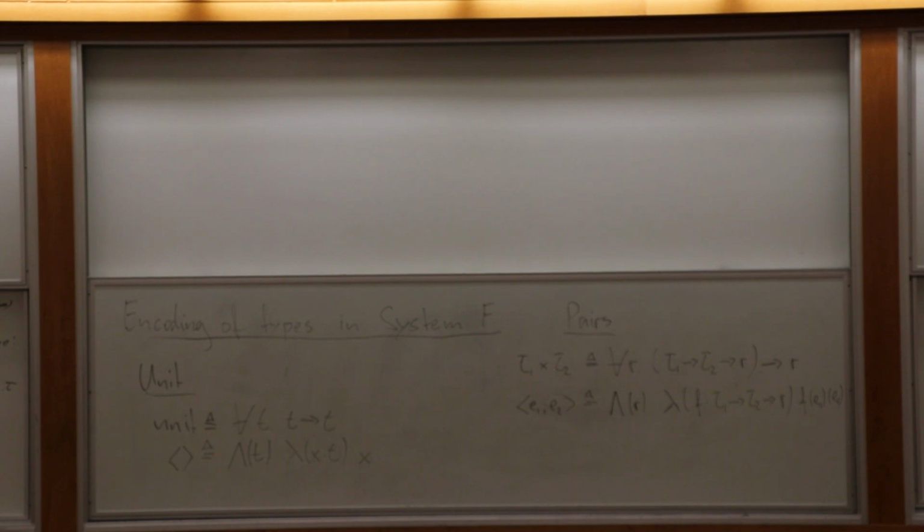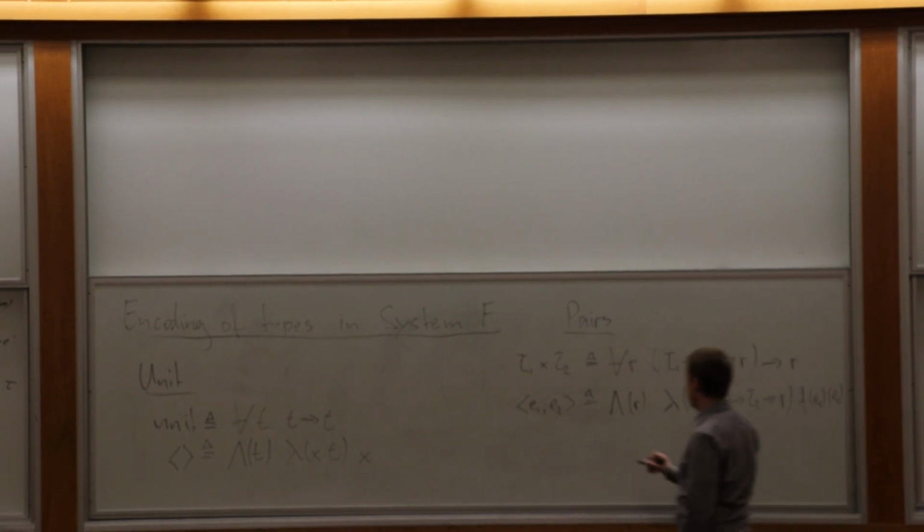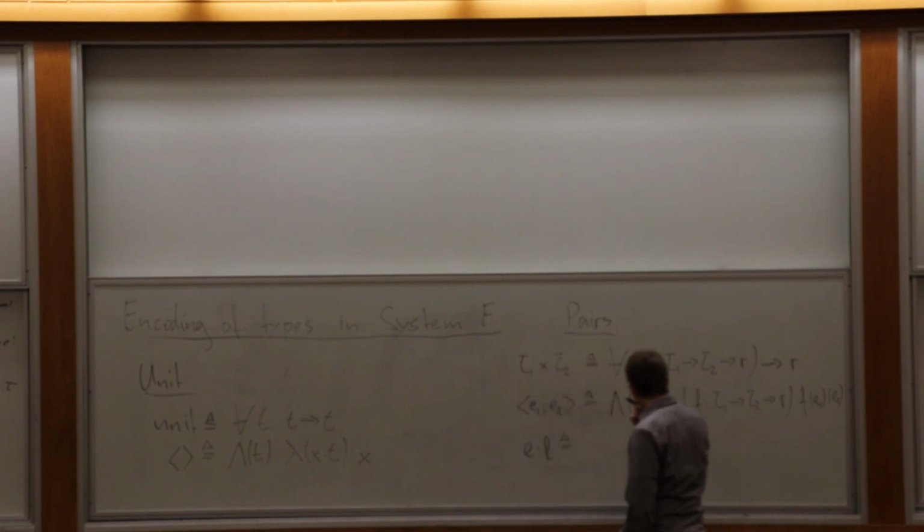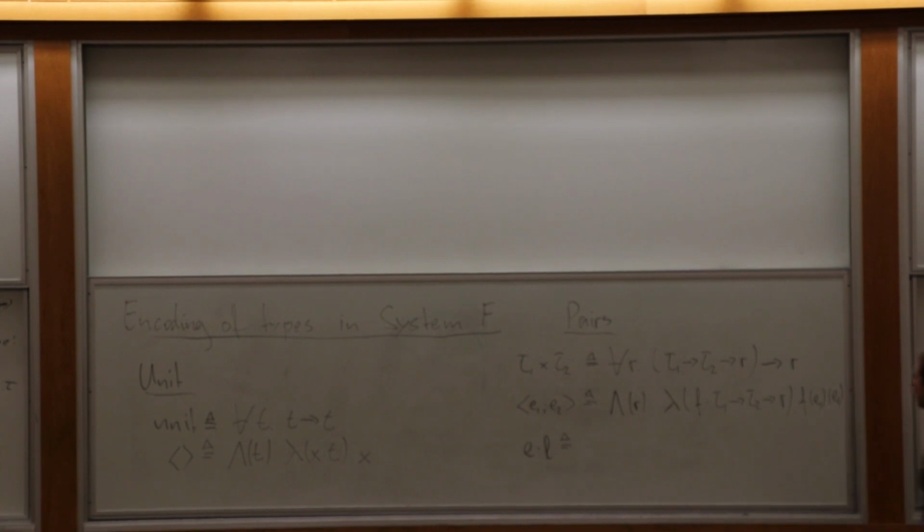Okay, so then we also want to know what the projections are. E dot L is what? So E is now a pair, right? So what can I do with it?